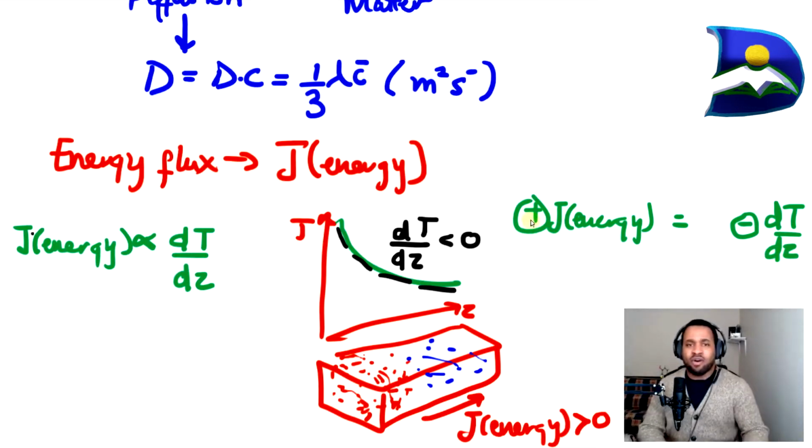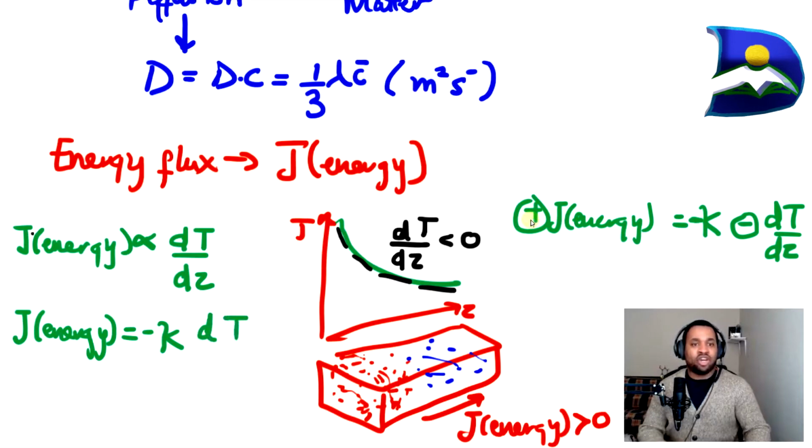And so our constant that we're going to introduce is represented as k, and k is going to be a negative value. Therefore, our final expression for our energy flux that connects our energy to the temperature has our k value, which is negative, multiplied by the temperature gradient.